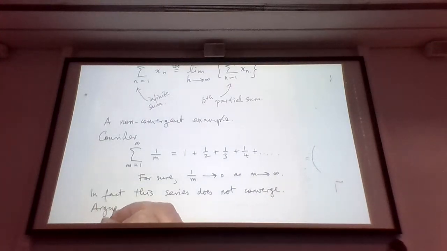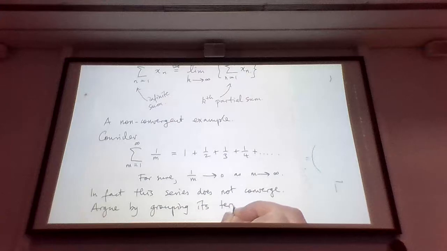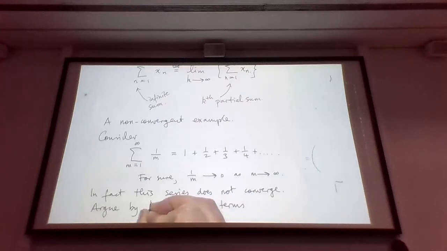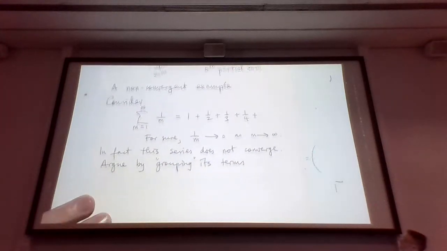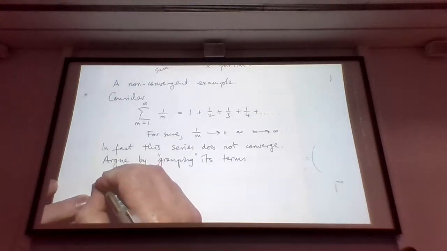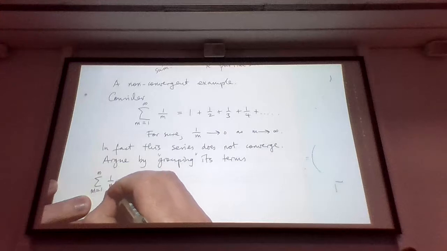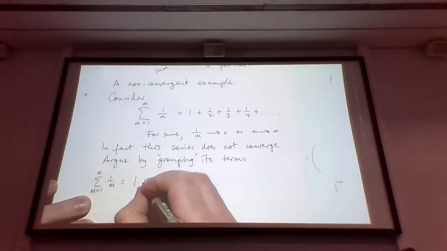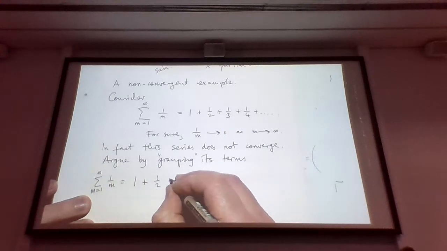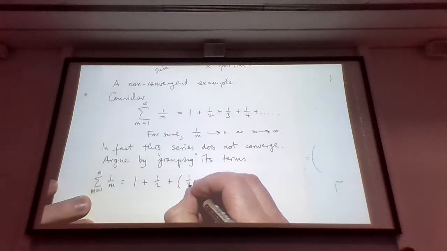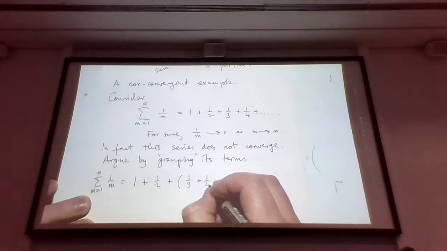We'll argue by grouping its terms in a certain way. So the way we're going to group them is as follows. We'll leave the first two alone, the 1 and the half. Then we group together the third and the quarter.